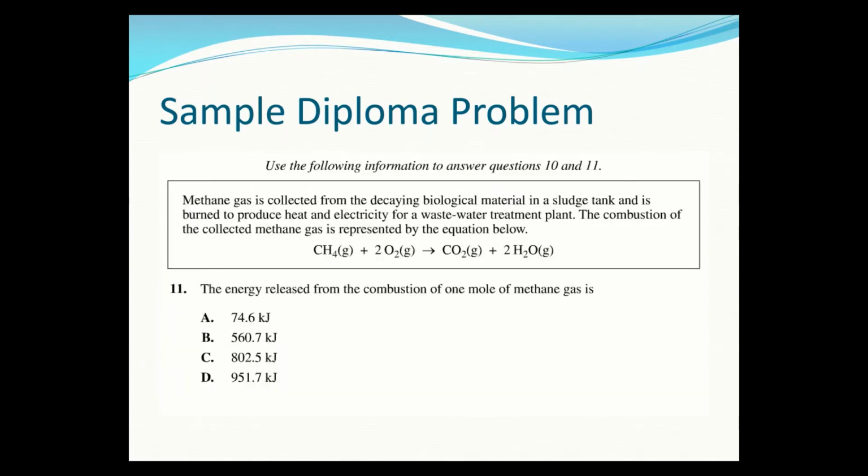Okay. And then this question here, we're burning methane and we want to find the combustion of methane. So let's do that question. I'm just going to write it down. Okay, let's switch the screens here.